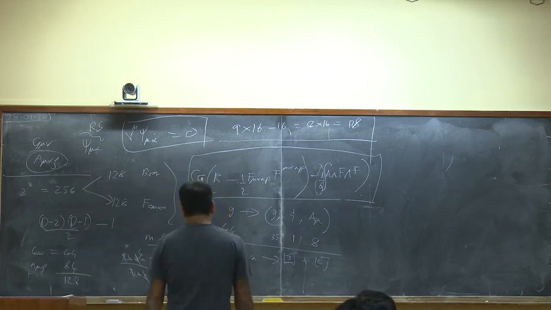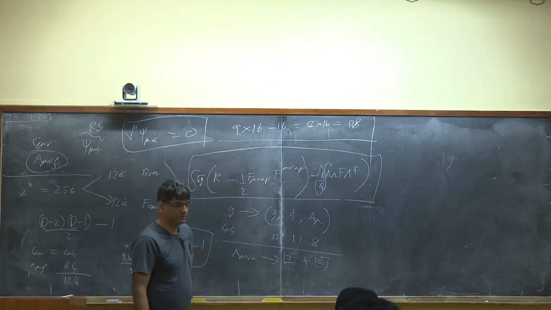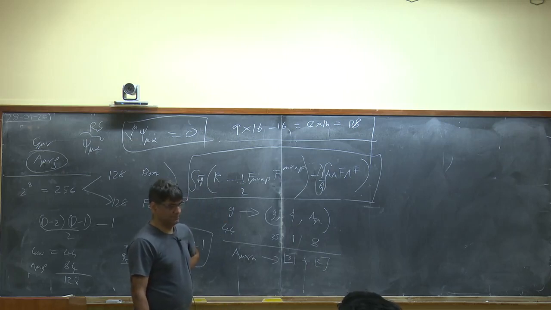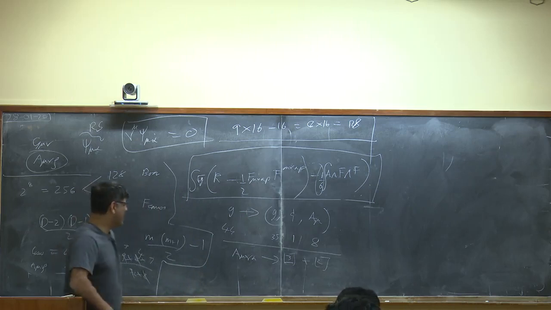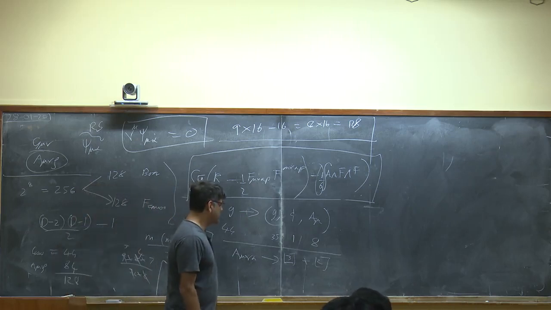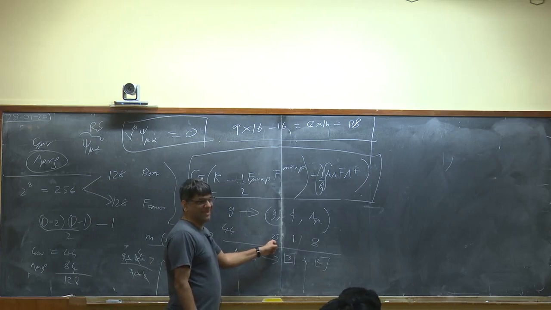So if we started with 11 dimensions and we are compactifying along one circle. But remember, we're always doing little group analysis. Right, so that's why this was 8 into 9 by 2.